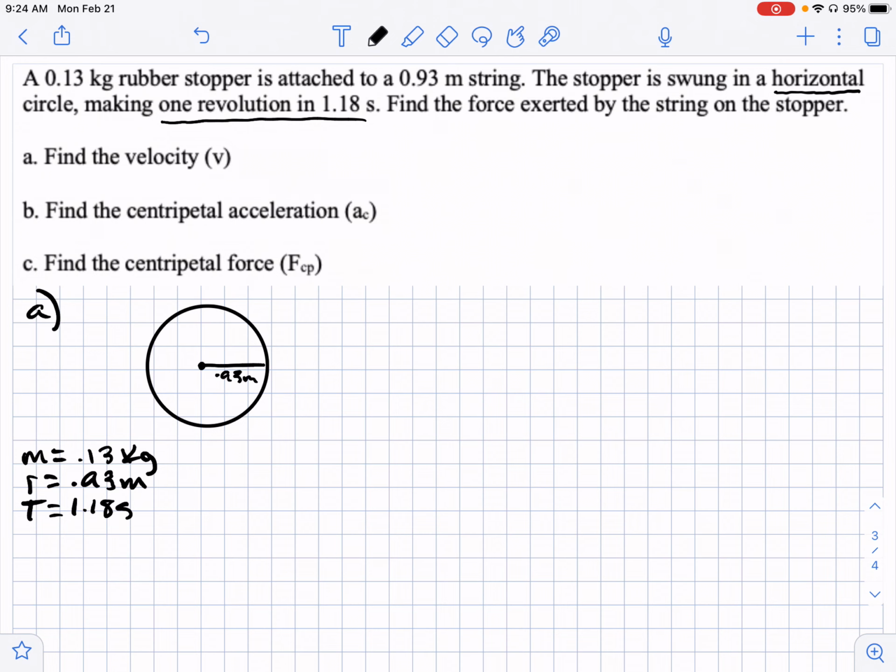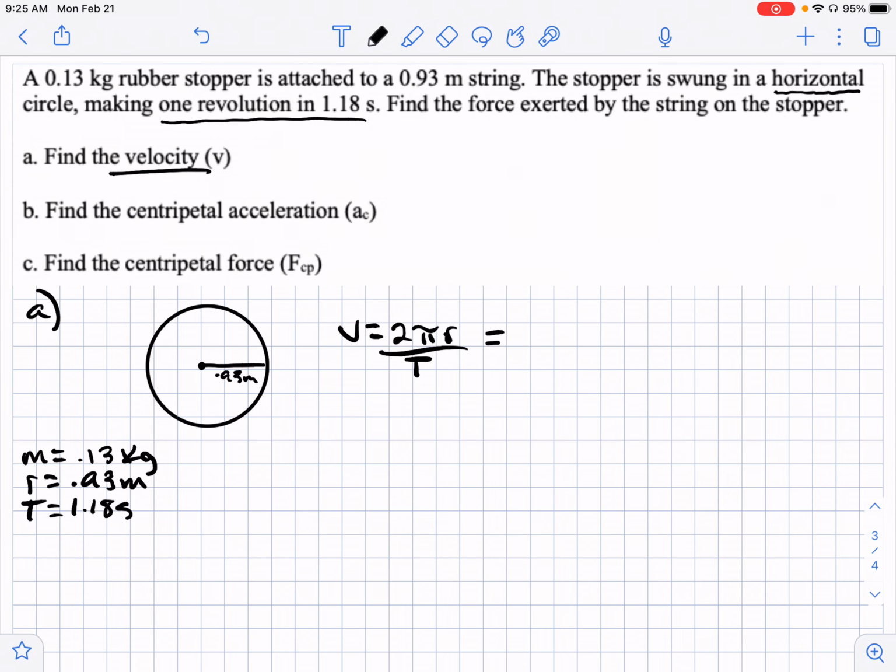And now we're asked to solve for the velocity. Our equation is v is equal to 2 pi r divided by T. We know the radius, we know the period, so now we can just plug in our numbers.